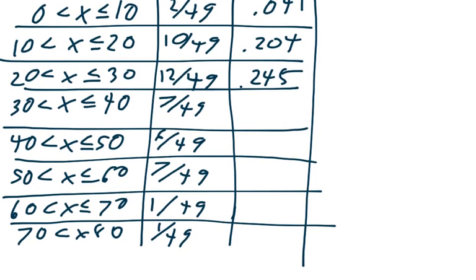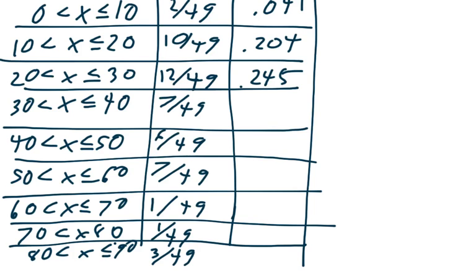And from 80 to 90, I counted 3 out of 49. So, coming back here, 3 out of 49 is 0.061. 1 out of 49 is 0.020.